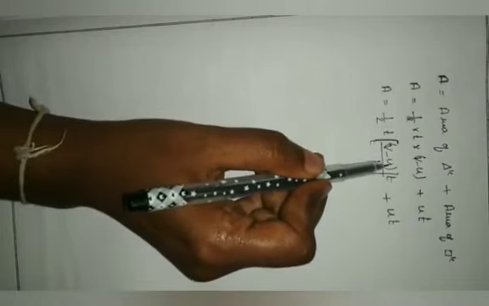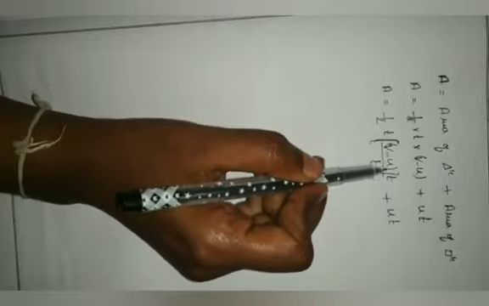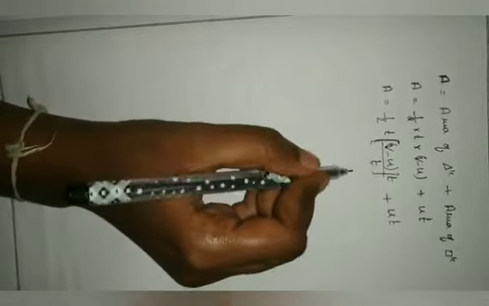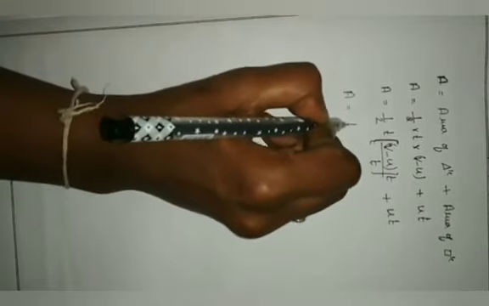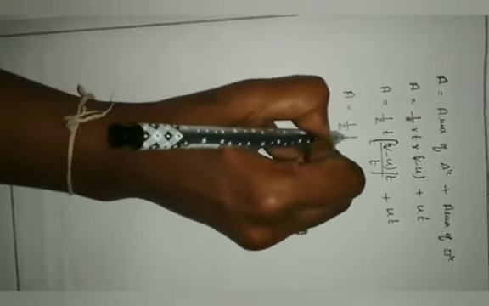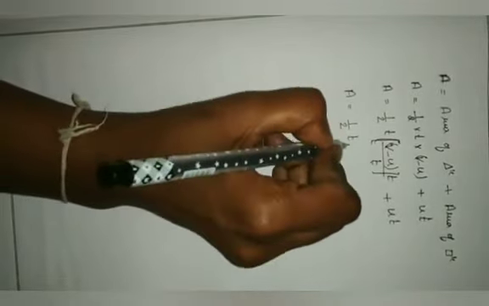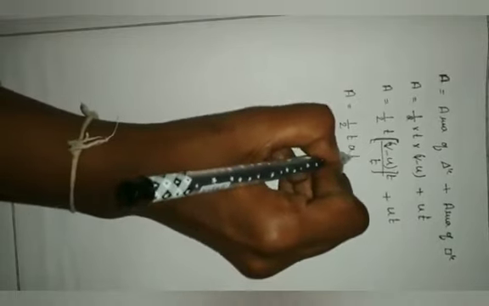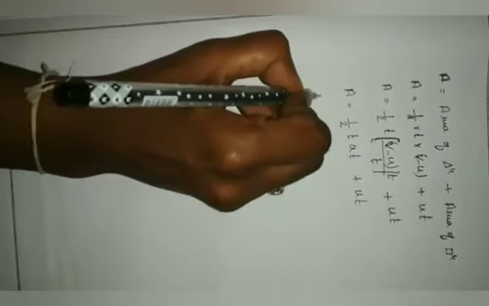V minus U divided by T, final velocity minus initial velocity divided by time, is acceleration. So we'll write A is equal to half into T. Instead of V minus U divided by T, we can write A into T plus U into T. T into T is T square.